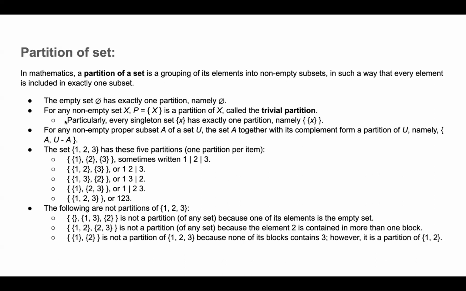Then for any non-empty set X, P of X is a partition of X, called the trivial partition. What is known as the trivial partition? For any non-empty set X, P of X is a partition of X. Then it will be known as the trivial partition.